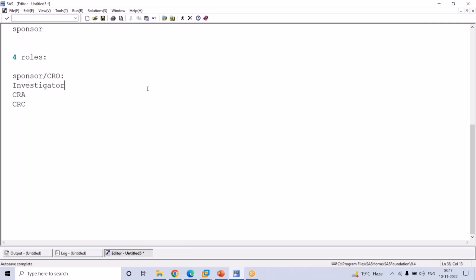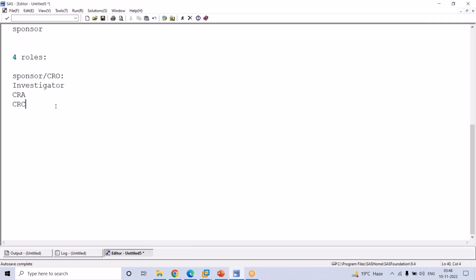So CRA will not interact with the patients. CRC will interact with the patients. They are responsible for collecting data from the subjects. CRC, research coordinator, looks after the day-to-day activities at the site and reports to the investigator.